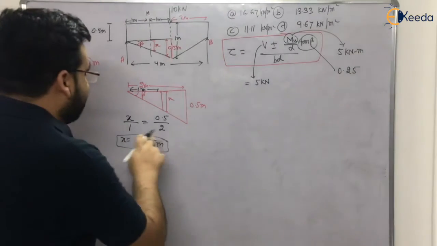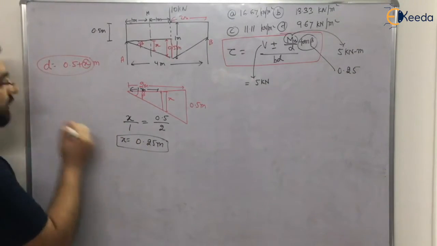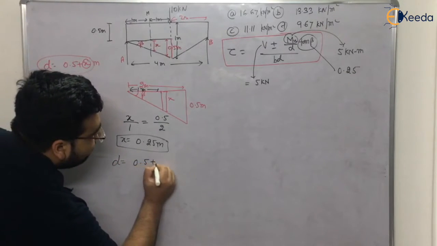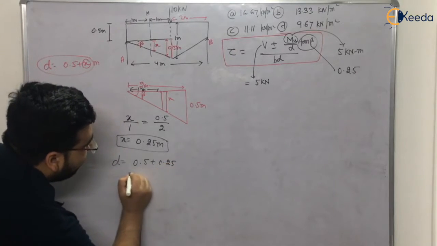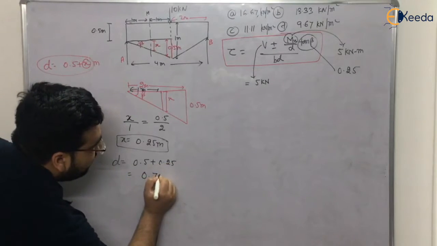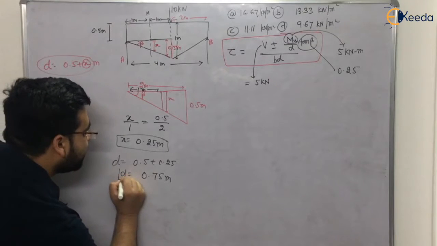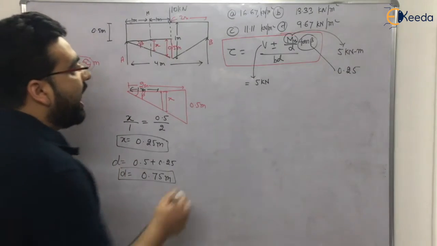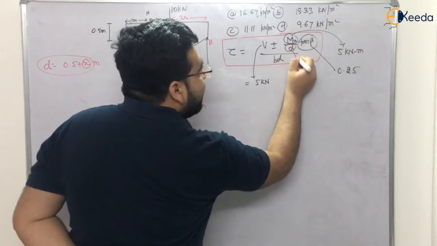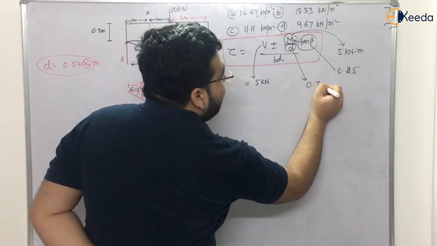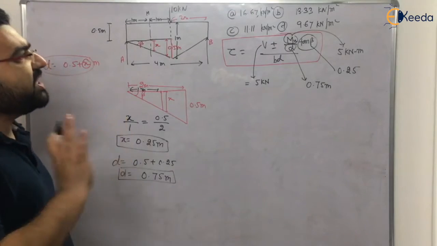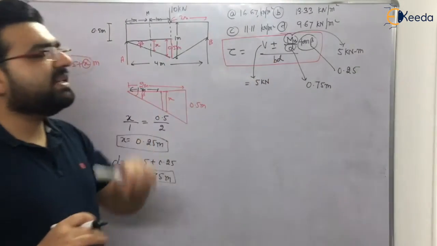How much will be d? d will be equal to 0.5 plus 0.25, which is 0.75 meters. Take into consideration the units also. The units cannot be incorrect. So d is coming out to be 0.75 meters.